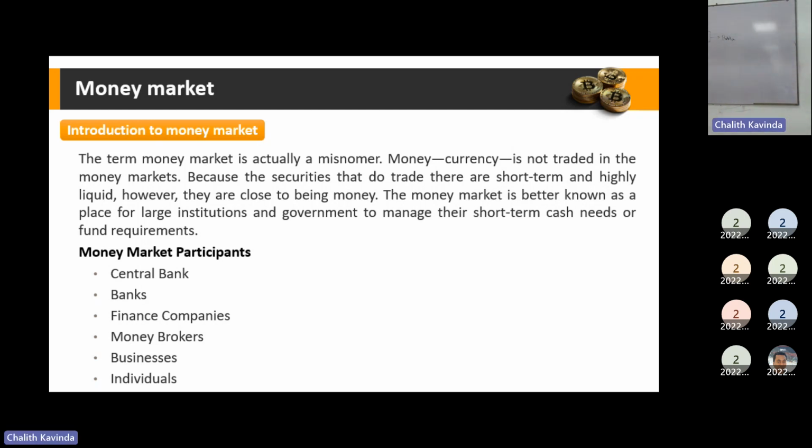Why? Because when you purchase these commercial papers, you have to pay the face value, and the face value of these commercial papers is very high. For you to sacrifice your money and invest in commercial papers, the issuing company must have a high reputation.